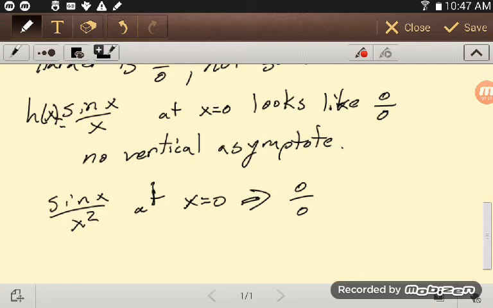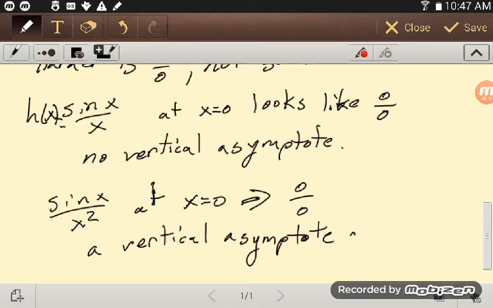But if you graph this, you will find a vertical asymptote at x equals 0. Okay, so when you get 0 over 0, it's not so obvious, because we have these two things that look very similar. One has a vertical asymptote, one does not.